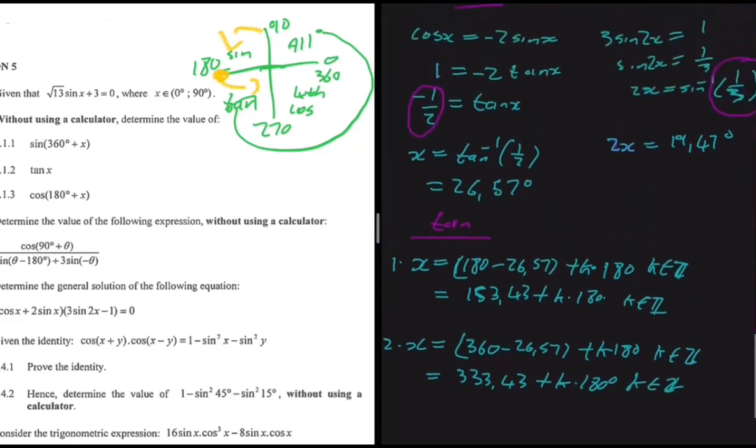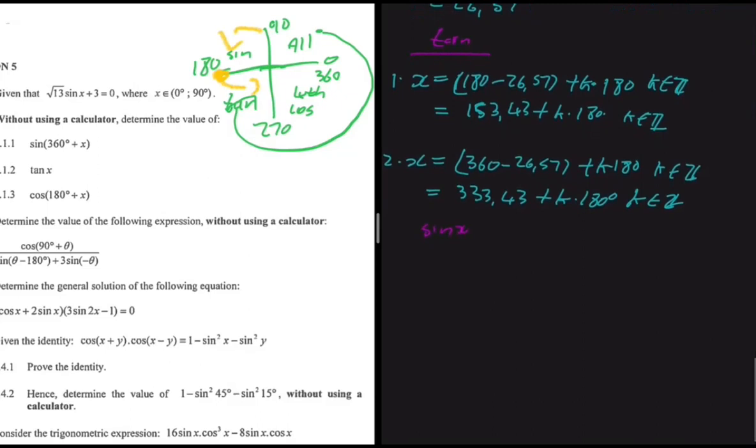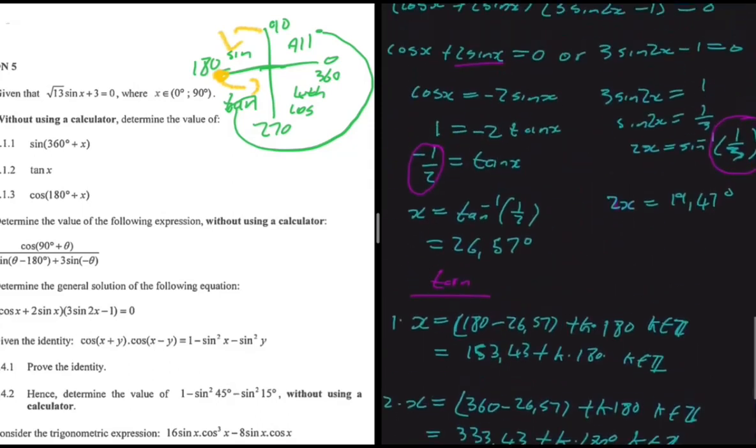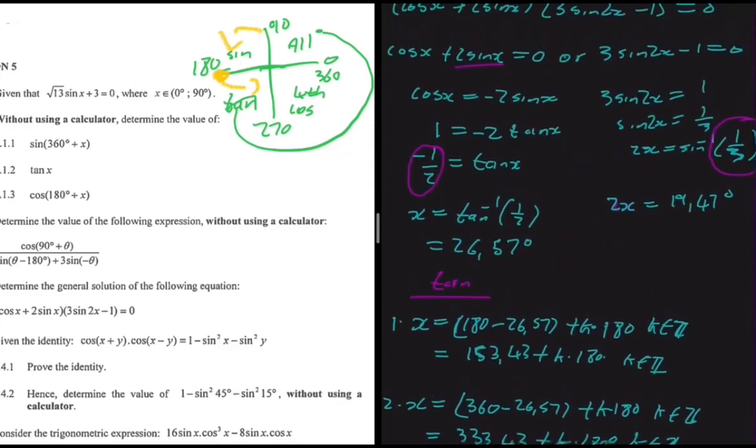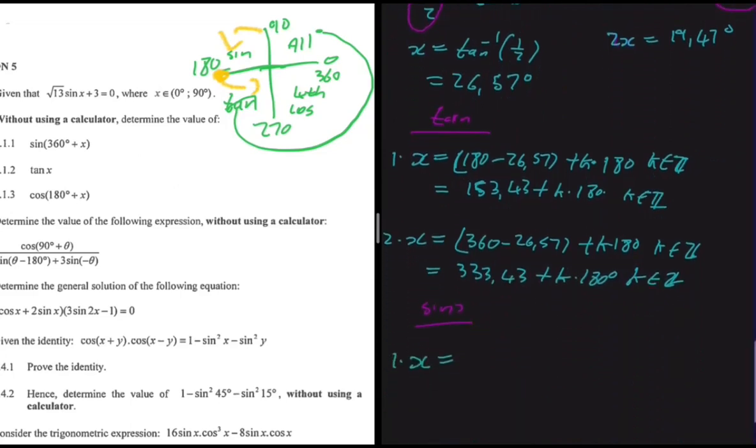We can move to the part where we had the sine. For the general solution of that part, we want quadrants where sine is positive, as circled here. This is not x here, it's supposed to be 2x.